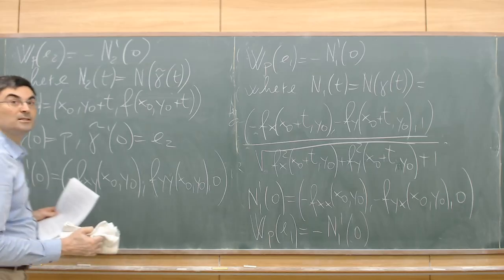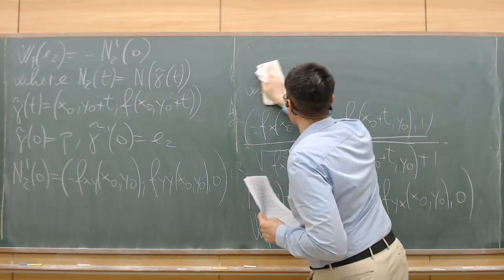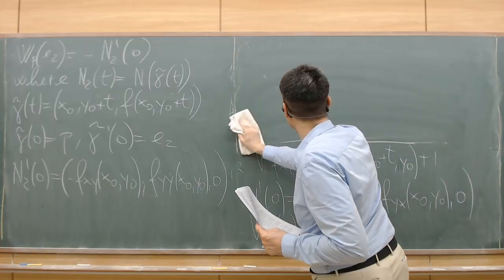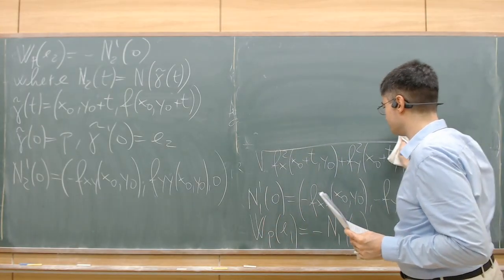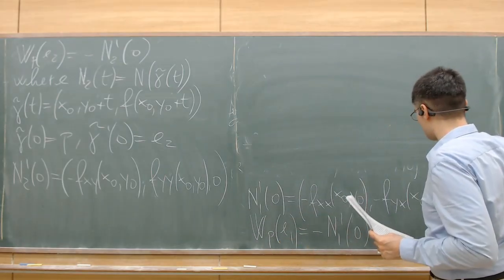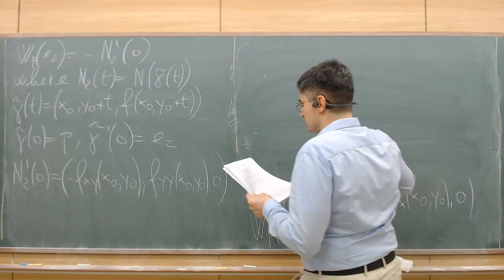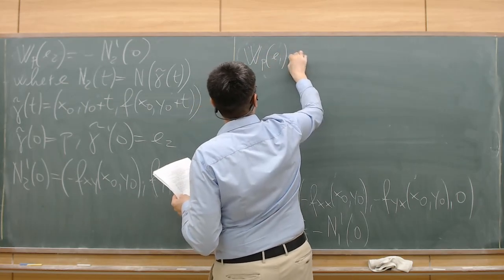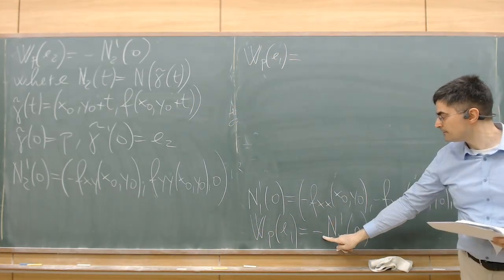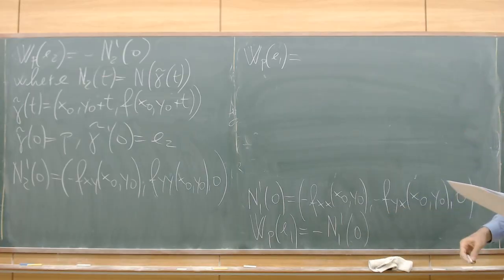And this means that WP E1, this is a negative n1 prime of 0, which is here.